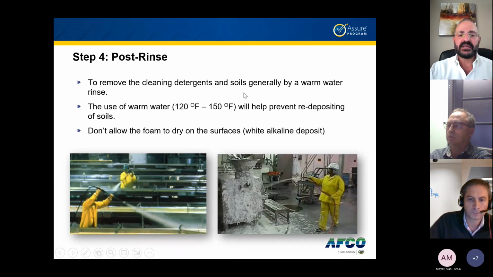So after we apply the detergent, we apply it as a foam, let's say, on the surface and let it sit for 10 minutes. And remember what I said, do not let the detergent dry on the surface, because even if you rinse it after it dries, you will always have a white film of water hardness, or calcium and magnesium carbonates, on that surface.